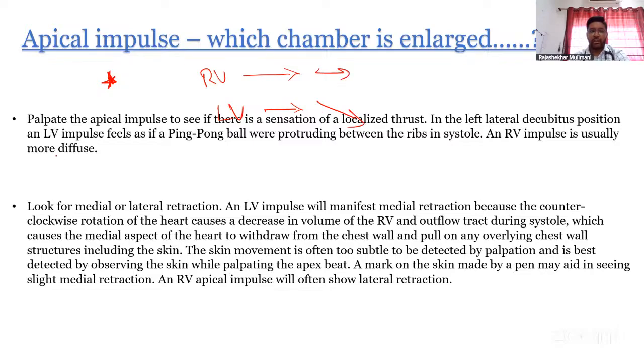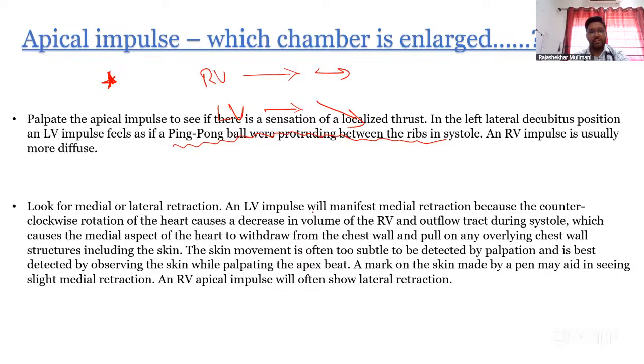And there are other subjective methods also. While palpating the apical impulse, check for the sensation. In the left lateral decubitus position, the LV impulse feels as if a ping pong ball were protruding between the ribs in systole, whereas the RV impulse is usually more diffuse. And look for medial or lateral retraction.